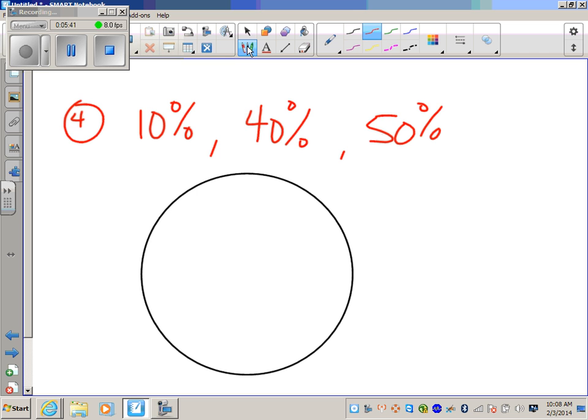Now, we take a look at this and we say, I need to represent these three amounts. Where do you want to start? Which is the easiest one? 50. So if I put a point in the middle just as a reference, and I know if I go straight across, I could label that first portion 50%.